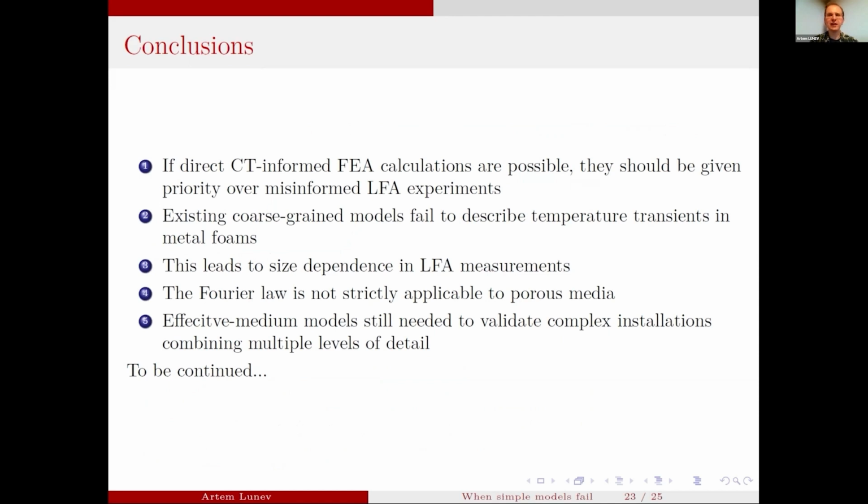Existing coarse-grained models fail to describe temperature transients in metal foams. This leads to the size dependence in LFA measurements. The Fourier law is therefore not strictly applicable to porous media. Effective medium models are still needed to validate complex installations combining multiple levels of detail.